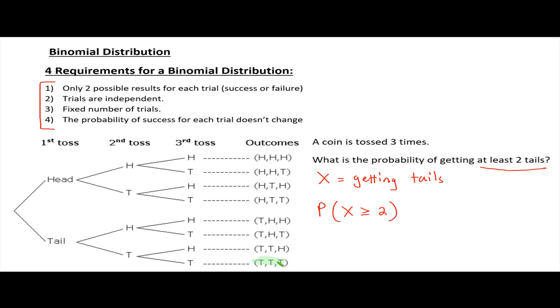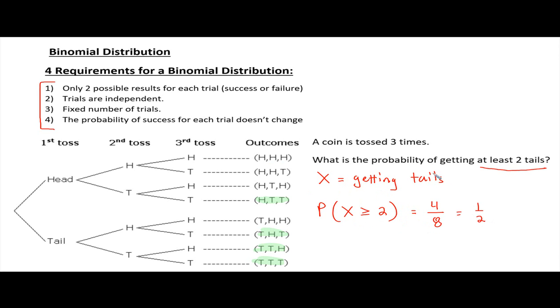Here's 3 tails here, 2 tails. I see 2 tails here, only 1 tail, 2 tails here, 1 tail, and then all heads. So it looks like the correct answer to this, without even using binomial distribution, would be, well, we have 4 ways to get at least 2 tails, and then there's 8 possible outcomes. So the answer would be 1/2.